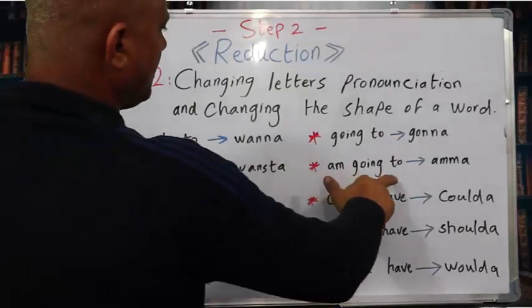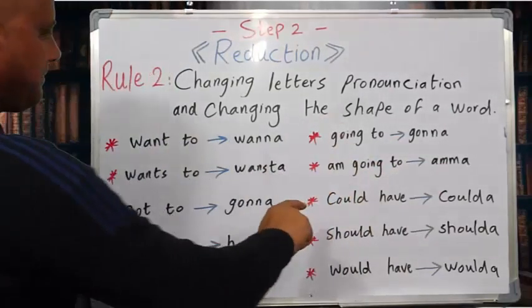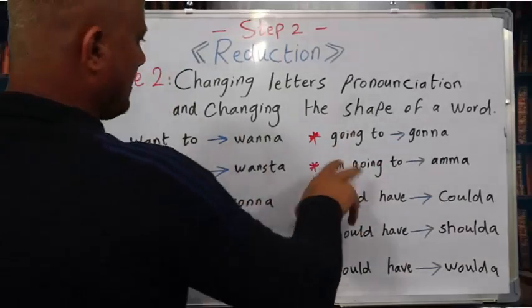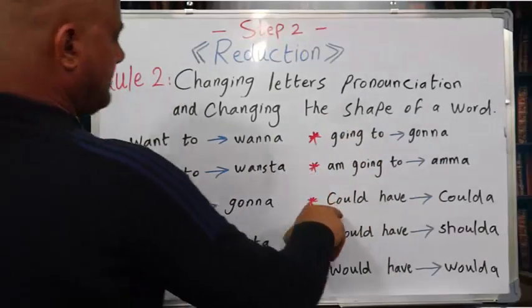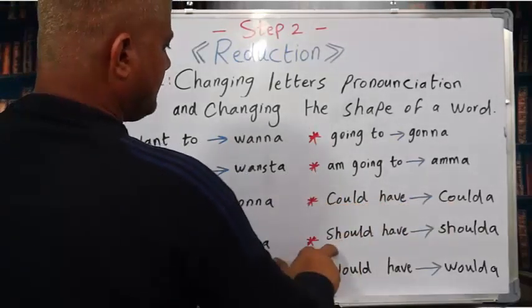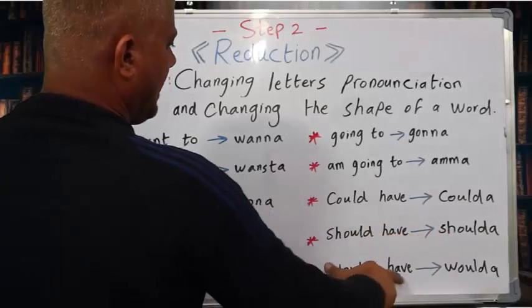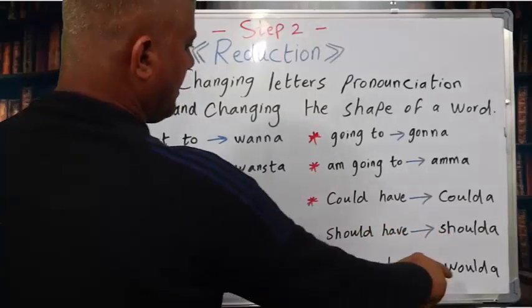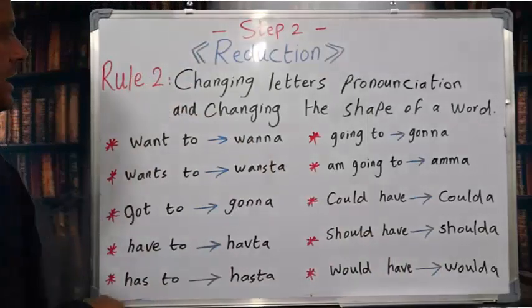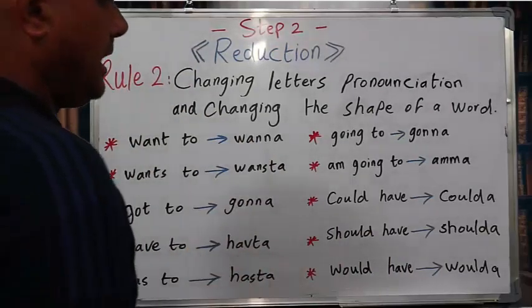I'm going to becomes I'm'a sometimes in some parts of USA. Could have becomes coulda. Should have becomes shoulda. Would have becomes woulda, and the list is endless. You can add as you like.